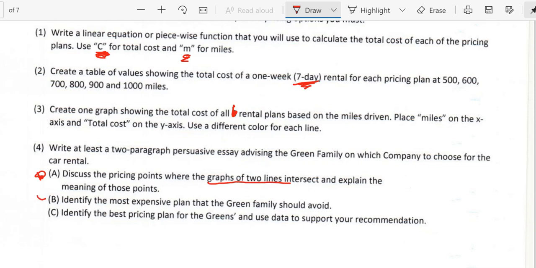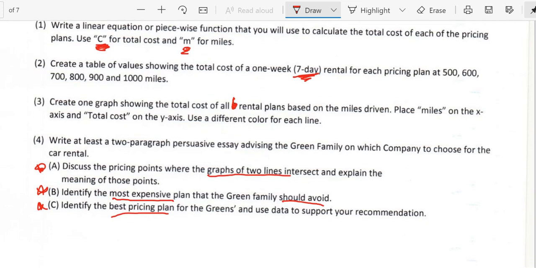I want you to indicate in that conclusion which one is the most expensive plan and which one they should definitely not pick. And I want you to identify which one you think is the best pricing plan for the Greens. And basically, the best plan is going to be the one where they would spend the least money. We're going to assume the cars are equivalent and there's nothing significant in that regard.